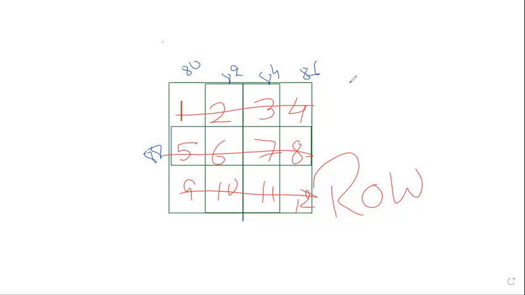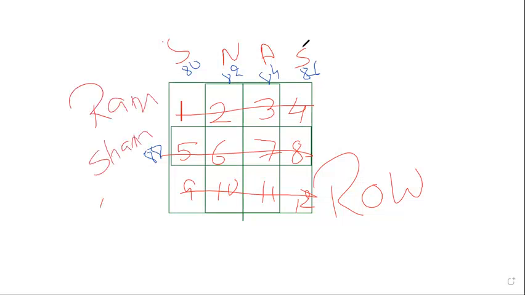For example, let us consider this table having the values serial number, name, age, and salary, and here we have persons like Ram, Sham, Geeta.